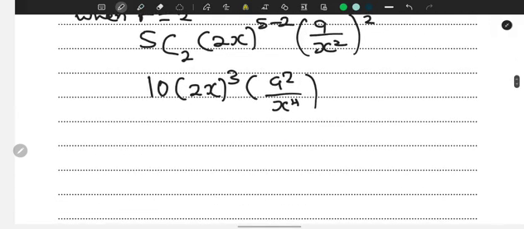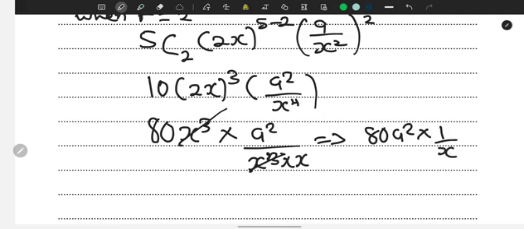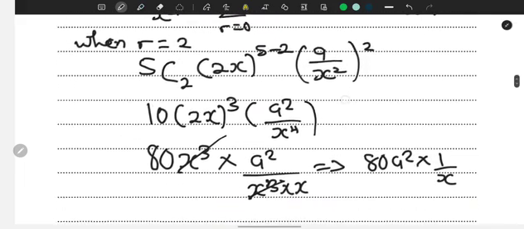So 2x raised to the power of 3, that's 8x cubed, times 10, that would be 80x cubed. Then a squared over x to the power of 4 can be written with x cubed cancelling, so you're left with 80a squared times 1 over x. Which implies that the coefficient of 1 over x, when you expand that binomial expression, would be 80a squared.